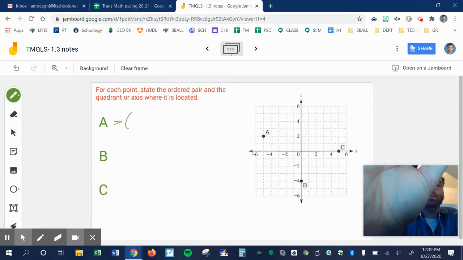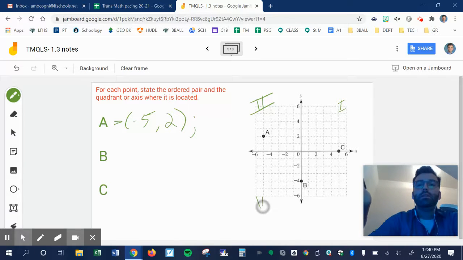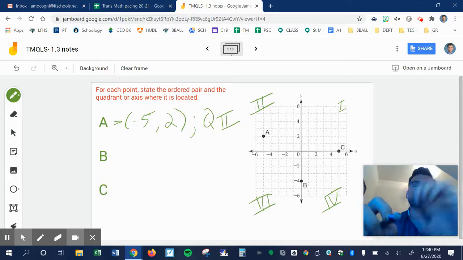My x value is -5, and my y value goes up 2, to get 2. What quadrant is it in? This is quadrant 1, 2, 3, 4. So we are in Q2. If you want to write the actual number 2, I'll let you do that for now.